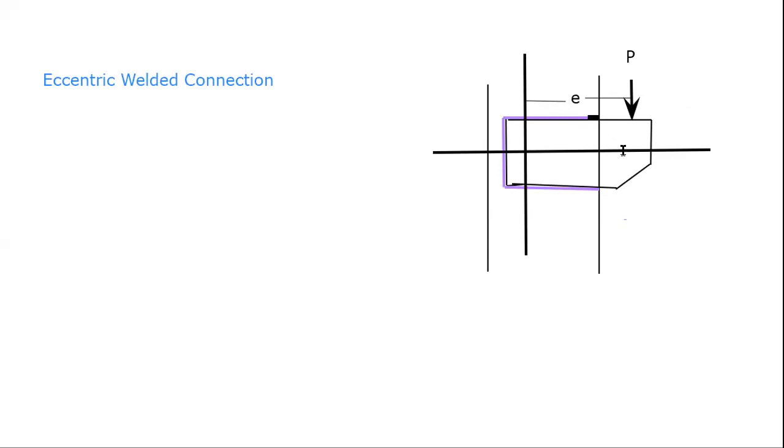Now what will happen? Due to this externally applied load, two loads will be acting. Two shear stresses or two loads due to shear stress will be acting along any length of the weld. Let us suppose we are assuming an element which is denoted by this small black rectangle, an element along this length of the weld, and we'll see what are the resultant forces that are acting due to the externally applied load.